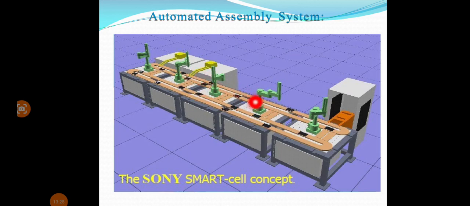Once one of the elements enters this workstation, again one more element is there. Those two elements are assembled here. After assembling that product, we can attach the third part.